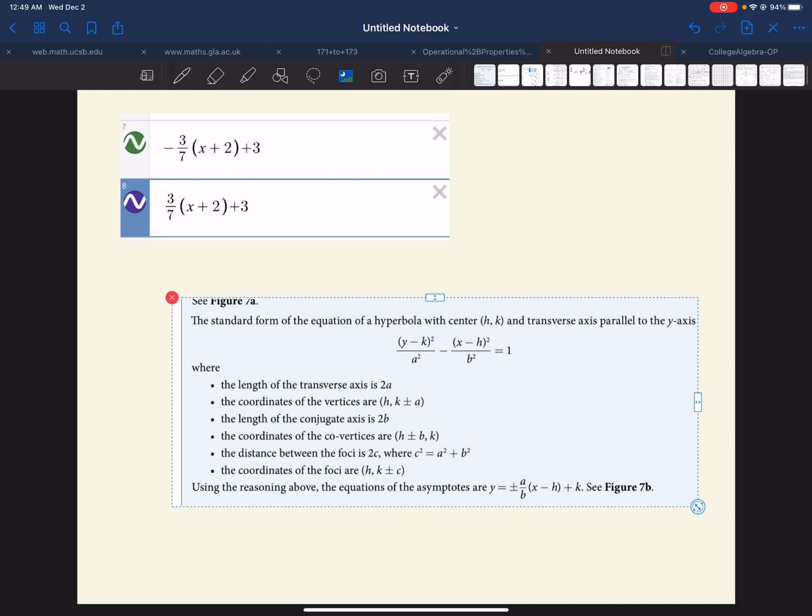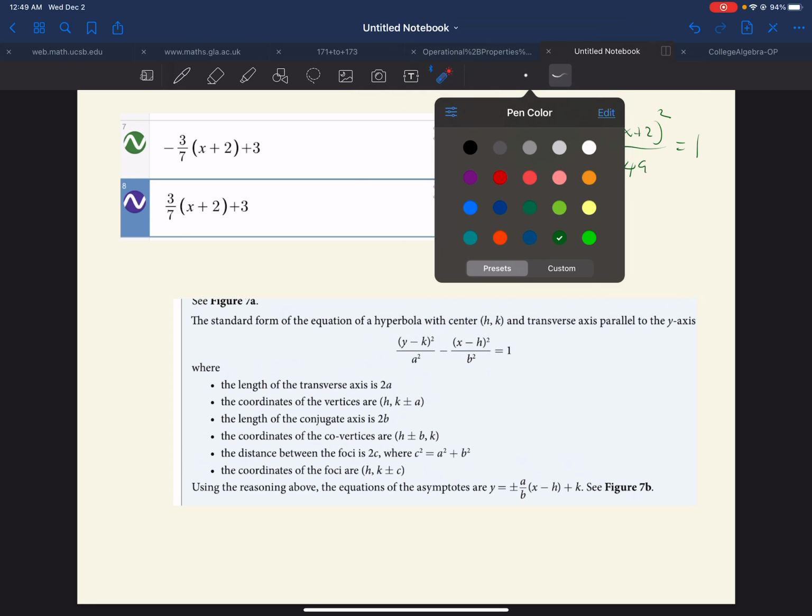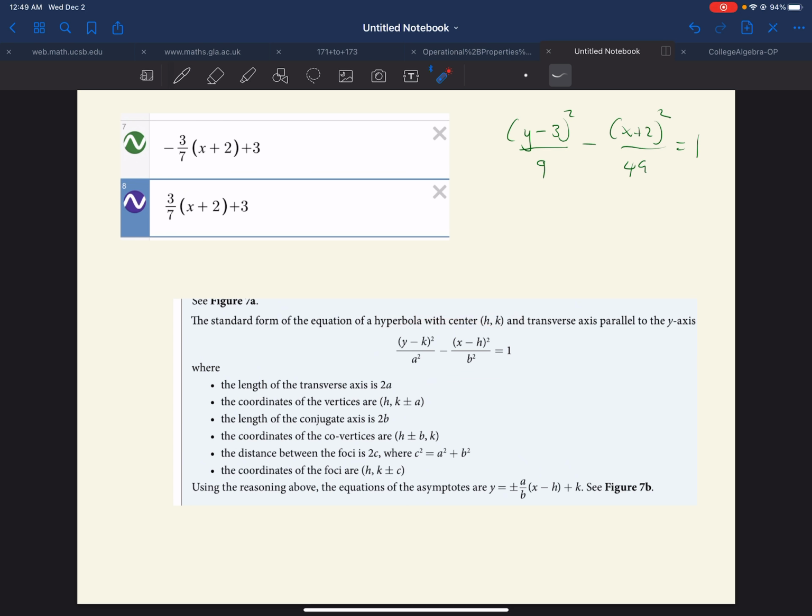The equation was y minus 3 squared over 9 minus x plus 2 squared over 49 equals 1. In that case, it looks exactly like this right here, and we see that a should be 3, and b should be 7. So here I've got a is 3, b is 7, and I've got the h, k, that's my center right there.